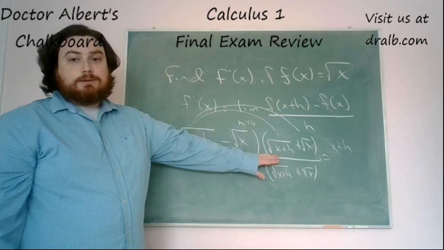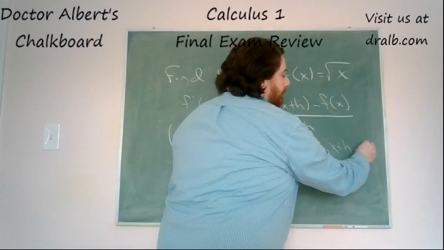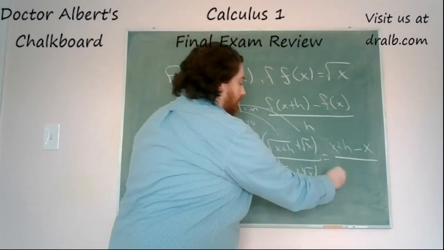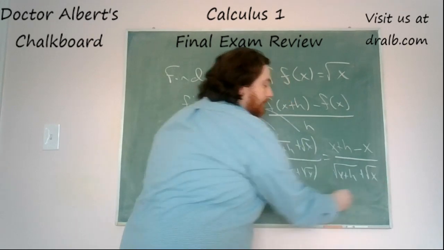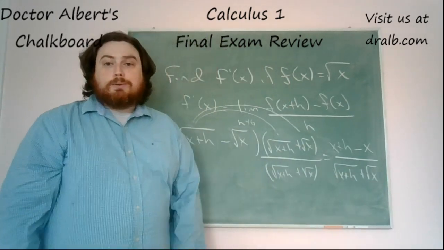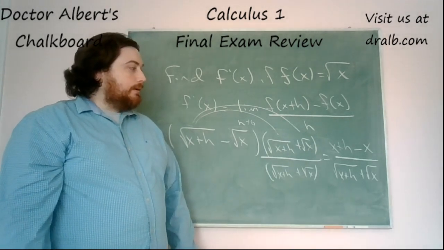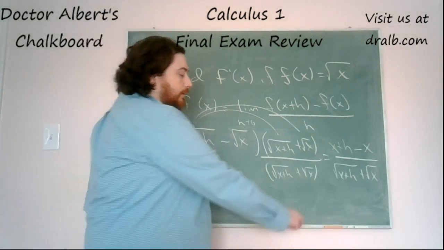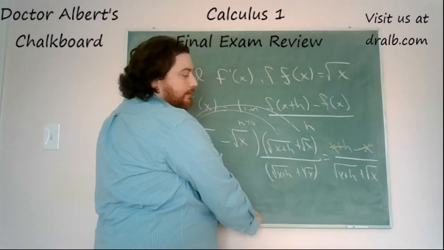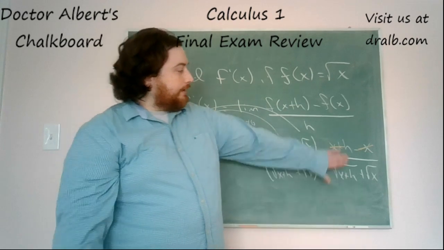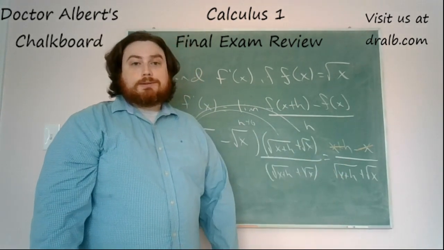So those cancel, and then we get negative square root of x times positive square root of x, which is just negative x, all over the square root of x plus h plus the square root of x, which is left over from when we had to keep it the same. Now notice this simplifies some more. We can get rid of the x's because we have an x and a minus x. And so we have just h over the square root of x plus h plus the square root of x.